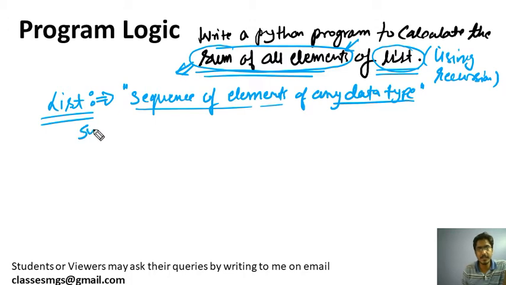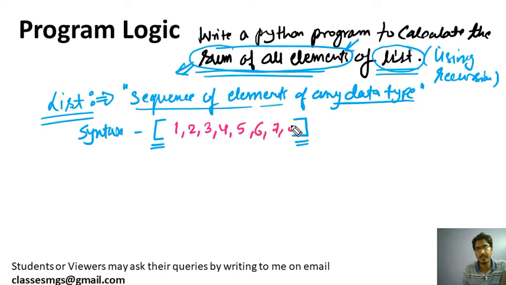What is the syntax to create a list in Python? If you don't know, I am just revising. We start with a square bracket and end with a square bracket. In between we have values like 1, 2, 3, 4, 5, 6, 7, 8, and so on. This is an example of a list of integers.